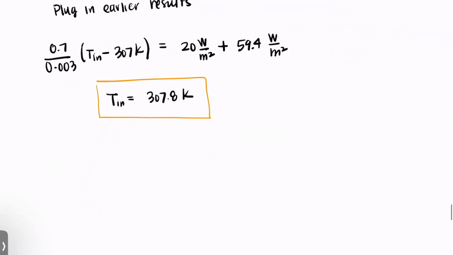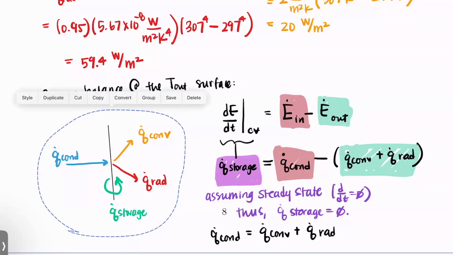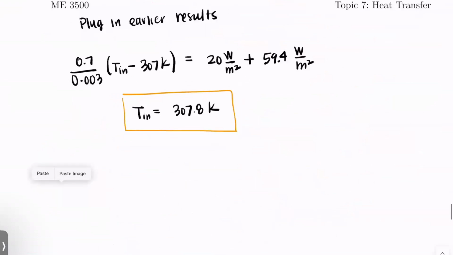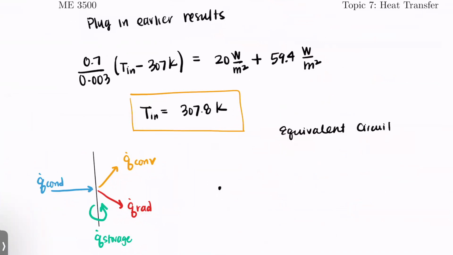In case anybody is interested to see what the equivalent circuit looks like for this, I will draw it for you. But I'm not going to do the analysis. So our equivalent circuit is going to look like the following. We have T in connected with a resistor to T out. So this is our Q dot conduction.